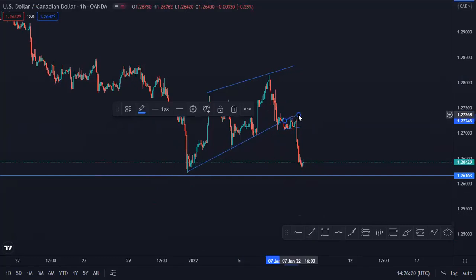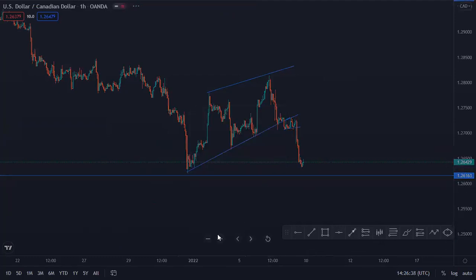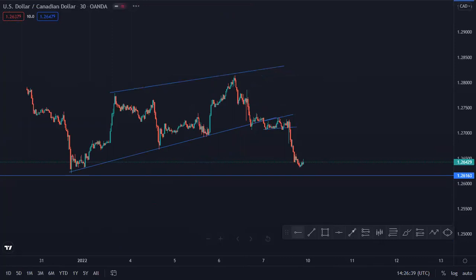There's a small correction right here. The market broke out, gave us a correction, impulsed. Actually, it has already reached the 90% rule. Let's just jump into 30 minutes so we can see it much better.